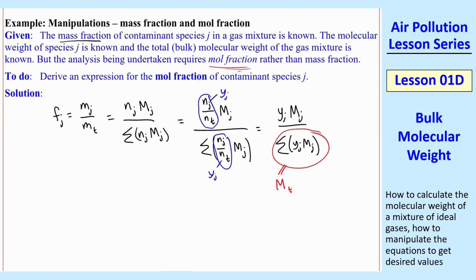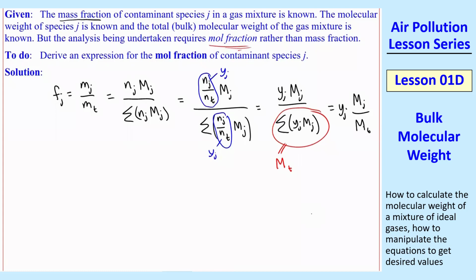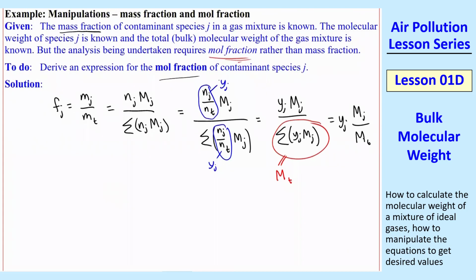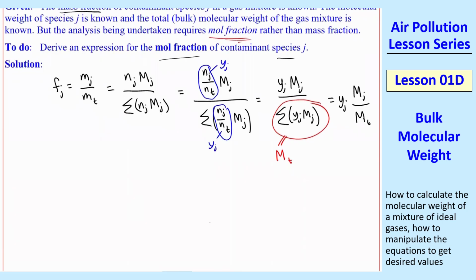So that is Mt. That gives me Yj, capital Mj over capital Mt. So what I asked for was mole fraction for contaminant species J as a function of the given information. And so my final result, my answer: let me just rewrite this equation. Our final result was Fj equal Yj Mj over Mt. So just solve for Yj. Yj equal Fj Mt over Mj. And that's our final answer.